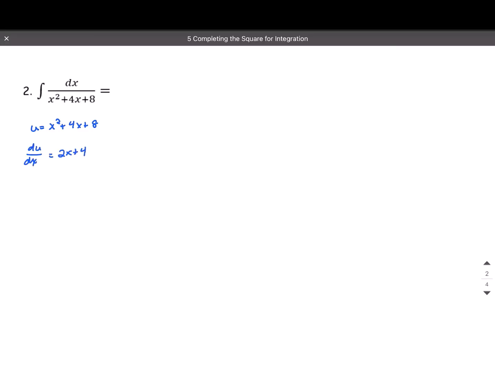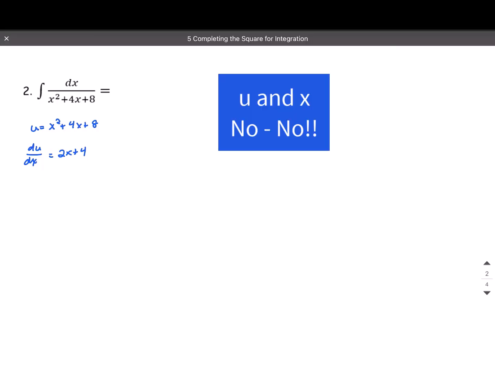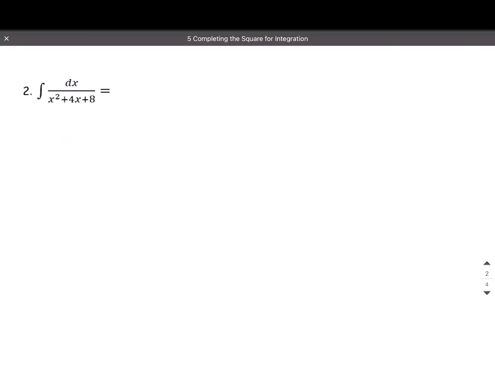We're not going to be able to cancel that out, which means we're going to have u's and x's, and that's no good. That means this method does not work. So we start again, and now we have to look for another way to do this.